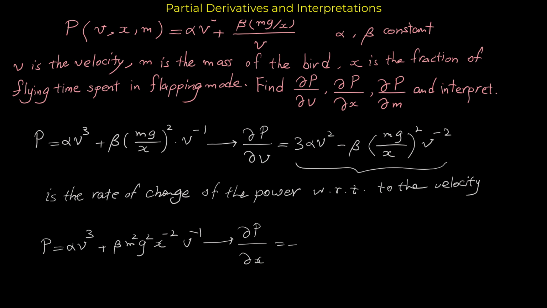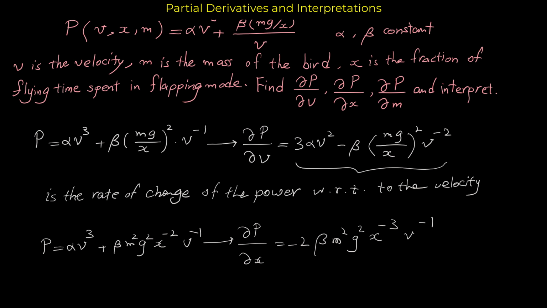We bring the power down: negative 2 beta m^2 g^2 x to the negative 3 V to the negative 1. If you don't like this format, you can rewrite it in fraction form, bringing the terms with negative powers down to the denominator with positive powers. But it's okay to leave it in that form.